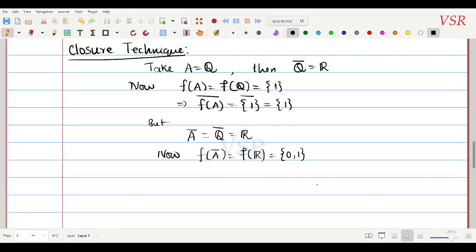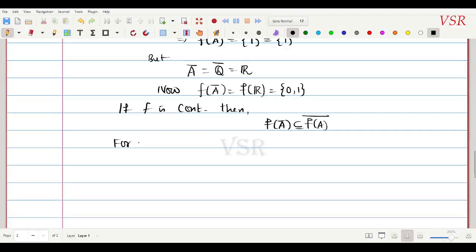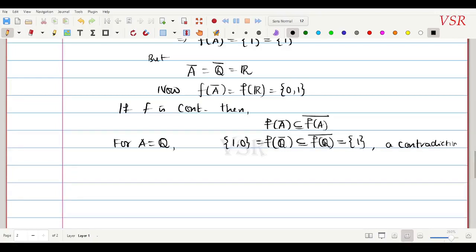அப்போ this if f is continuous, then what we will have, this f of A closure which is a subset of f of A the whole closure இப்படி கிடைக்கும். அப்போ particularly for A equal to Q, what we are having is f of Q closure which is a subset of f of Q the whole closure, and we know that this is equal to singleton 1 and this is equal to 0 comma 1 which is a contradiction. Okay, contradiction, if f is continuous னு assume பண்ணினேன், அப்போ singleton 0, 1 is a subset of singleton 1 னு கிடைச்சிருக்கு, that is a contradiction. புரியுதா?